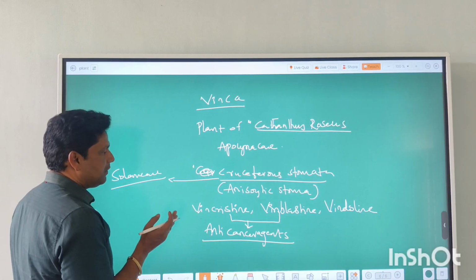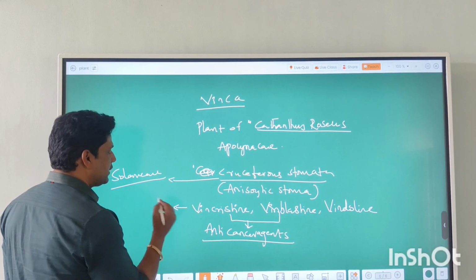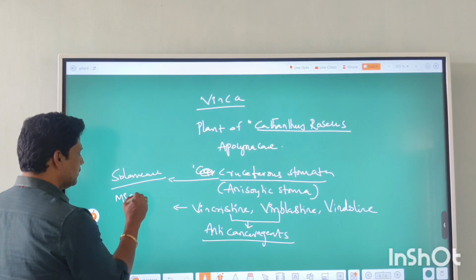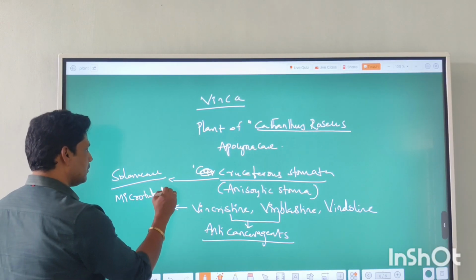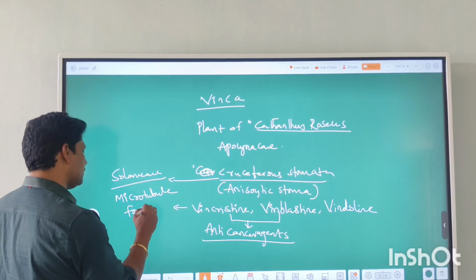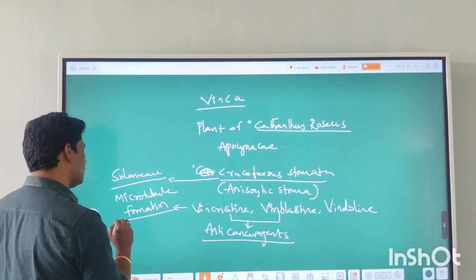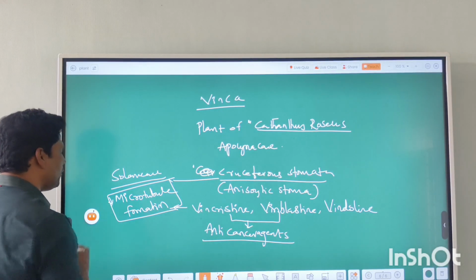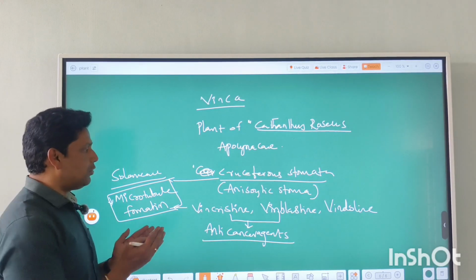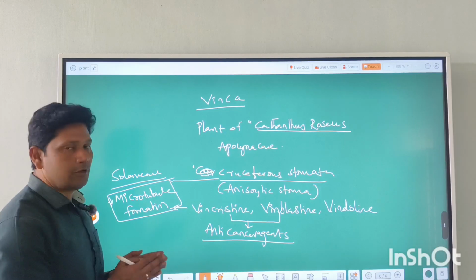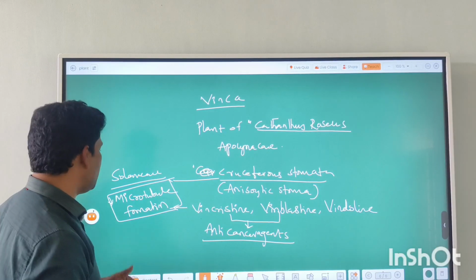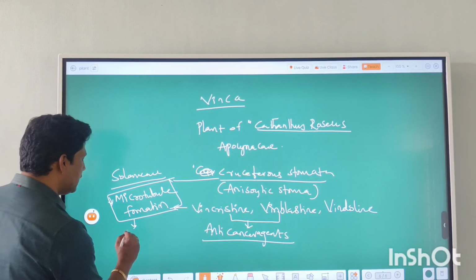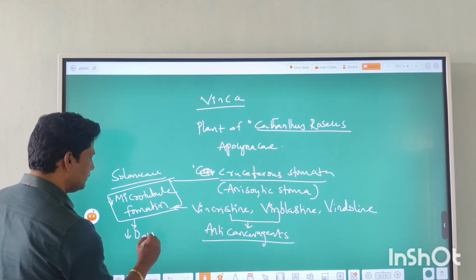The mechanism of action of vinblastine is that it inhibits microtubule formation. These two drugs bind to the tubulin protein and inhibit microtubule formation and further inhibit DNA synthesis.